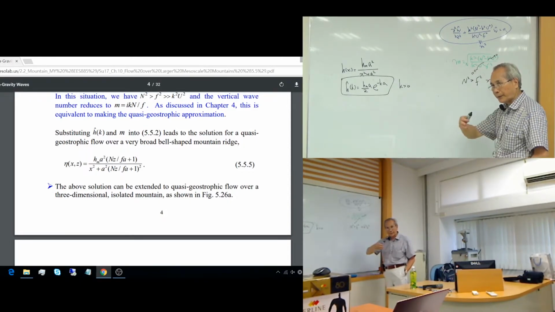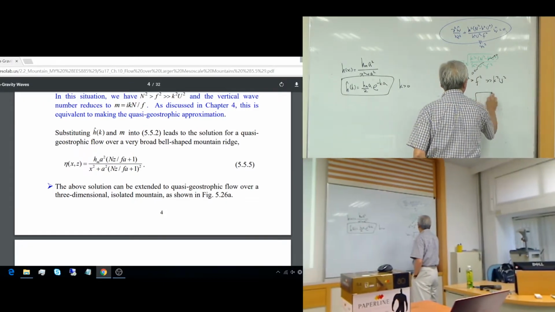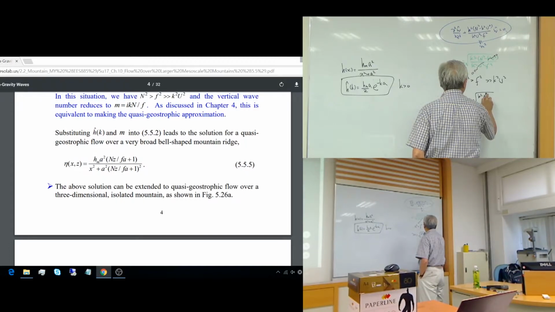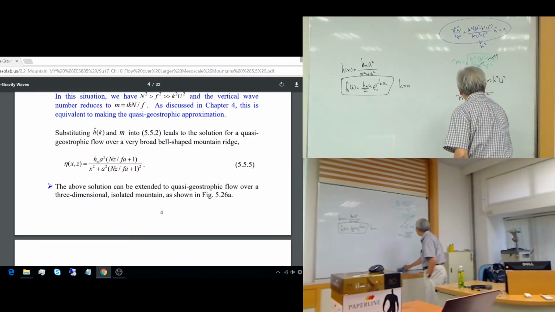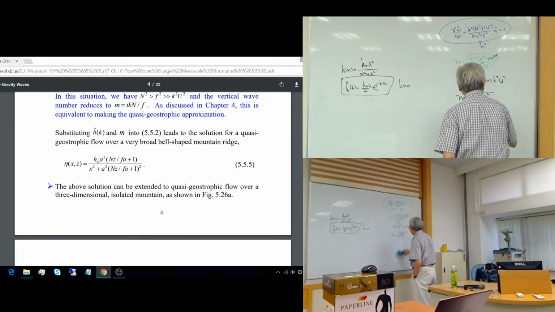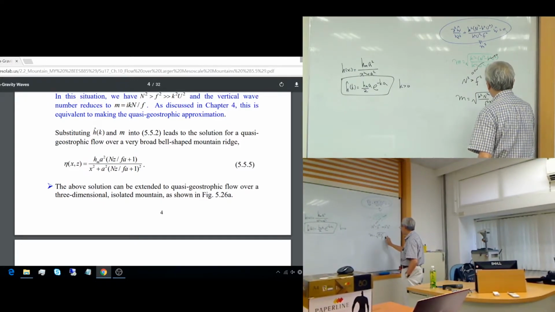So the advection effect is small. Then m becomes the square root of k squared n squared over f squared. So then we have this equal to positive negative k n over f, like that.